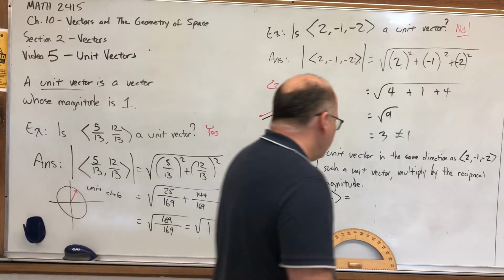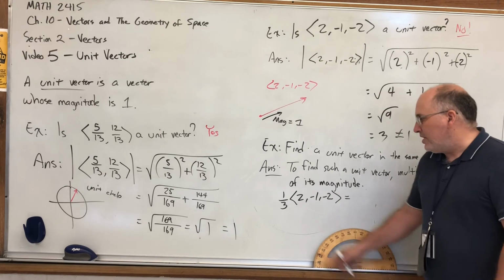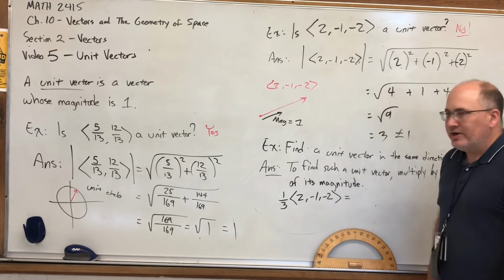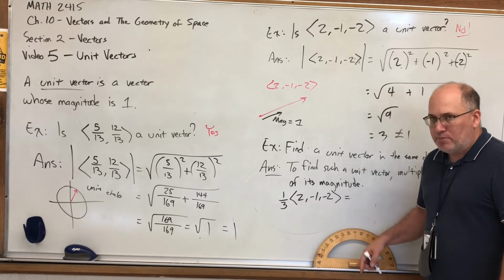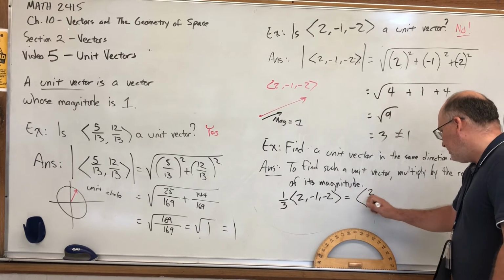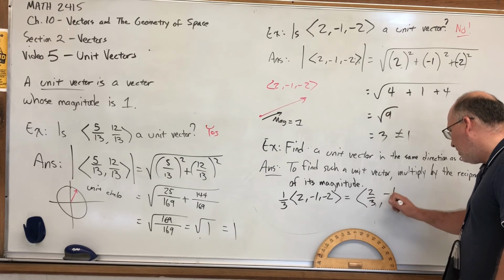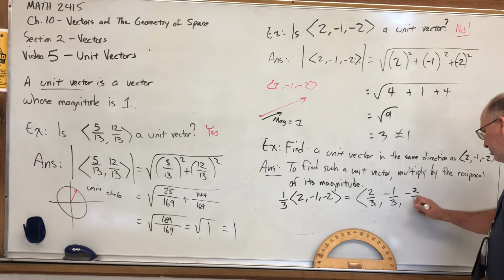So I gotta jump ahead just a little bit and tell you that you do exactly what you think you do. The way you find a scalar multiple of a vector in component form is you multiply the scalar times each component, almost like a distributive property. 1/3 of 2 is 2/3, 1/3 of -1 is -1/3, 1/3 of -2 is -2/3.